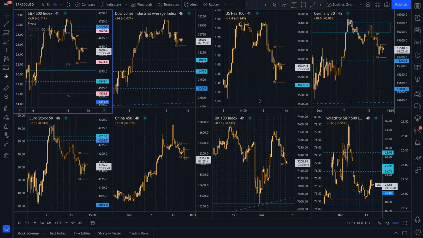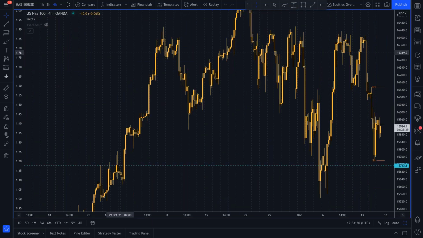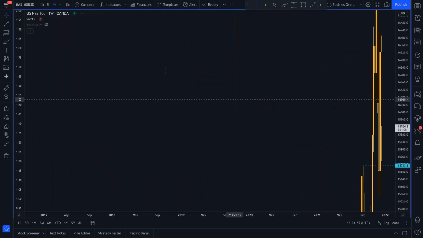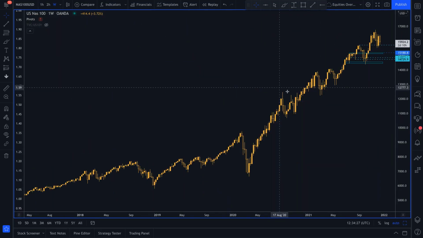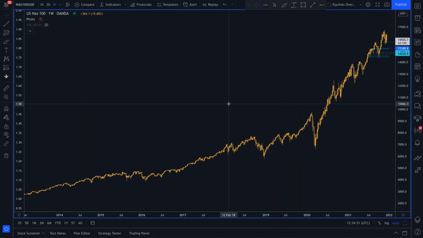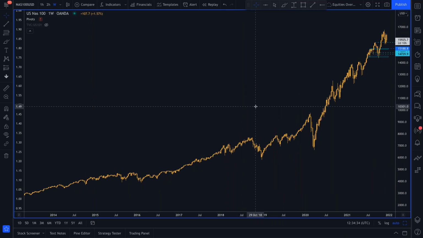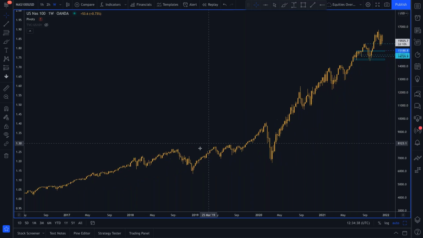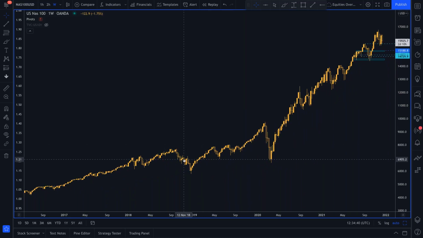Now, going back to 2018, we had a scenario where the Federal Reserve projected a whole line of rate hikes just as growth was slowing down, and that resulted in some sudden downside.